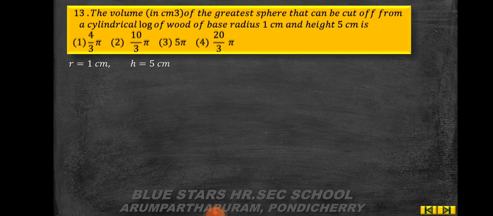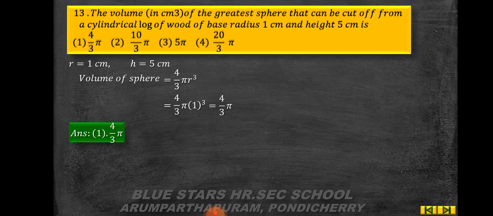So here r is equal to 1 centimeter, h is equal to 5 centimeter. Volume of sphere is equal to 4 by 3 pi r cube, which is equal to 4 by 3 pi into 1 cube, which is equal to 4 by 3 pi. So the correct option is option 1, 4 by 3 pi.